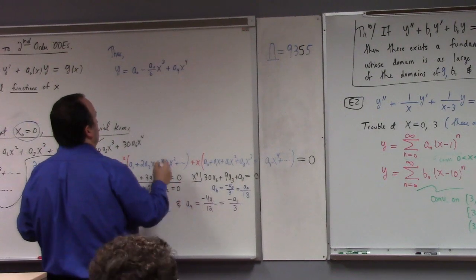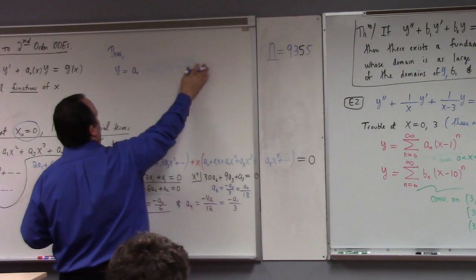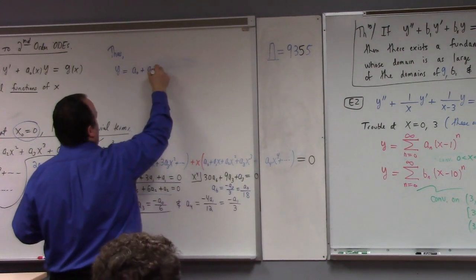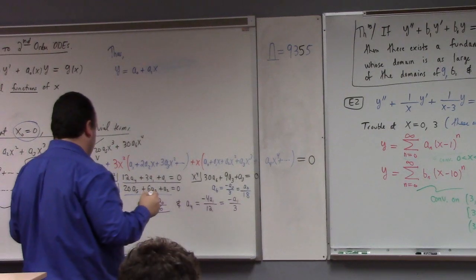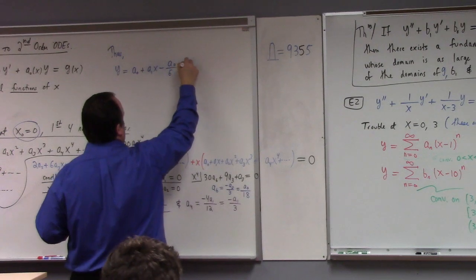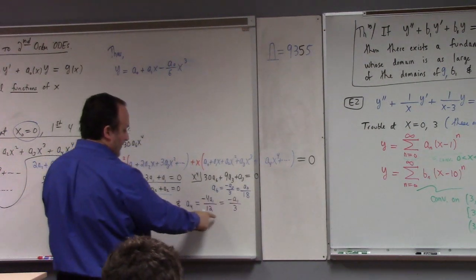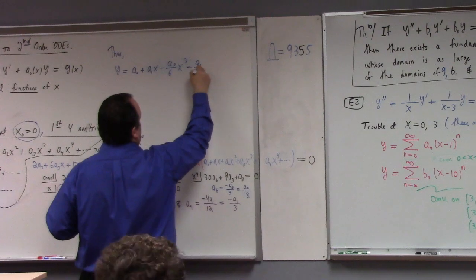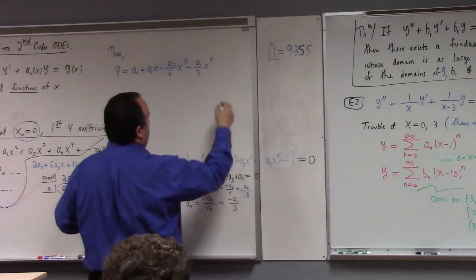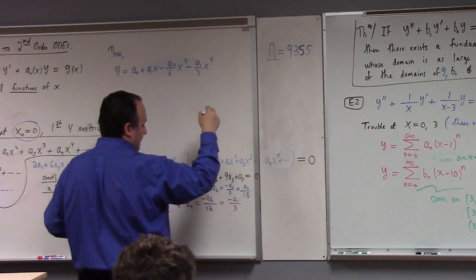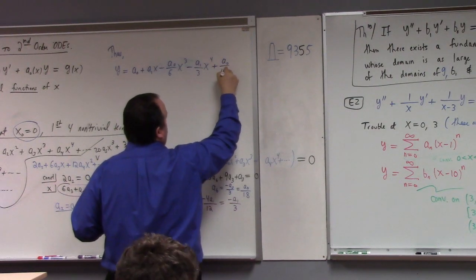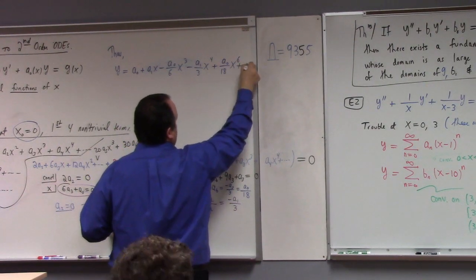Oh, my bad. Let me try this again. I'm trying to put them in order. So the next one was a1, right? Plus a1x. a2 was 0, the x squared term was 0. Then minus a0 over 6 x cubed. a4 was minus a1 over 3 x to the power 4 from this one. And then x to the power 5 was 0. And then we had plus a0 over 18 x to the power 6, and then plus dot, dot, dot.